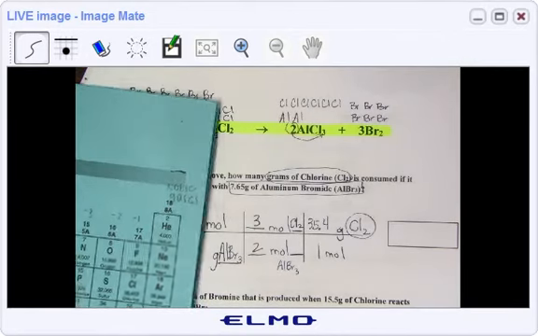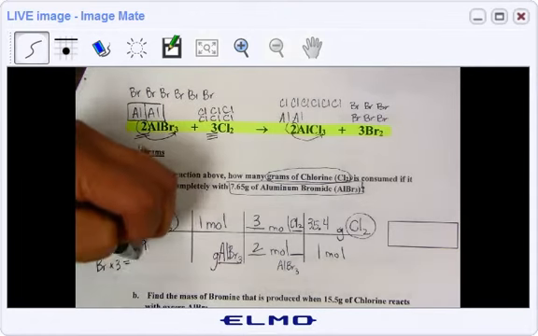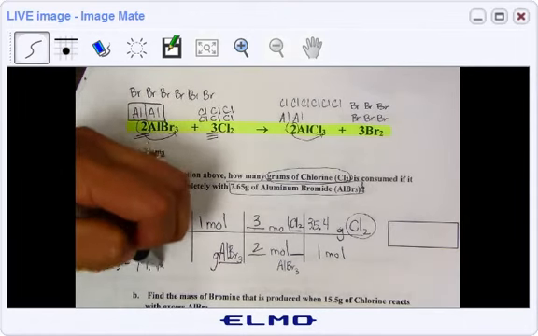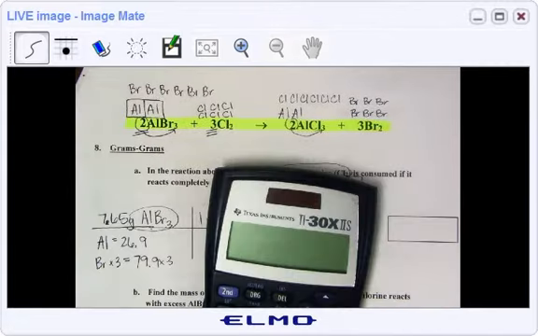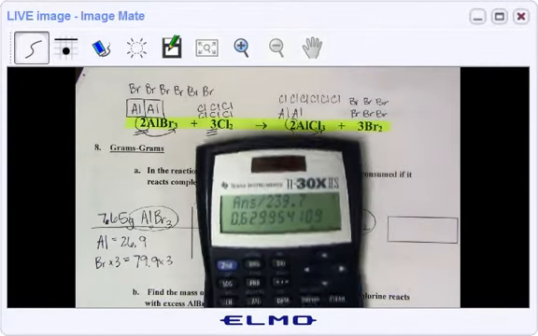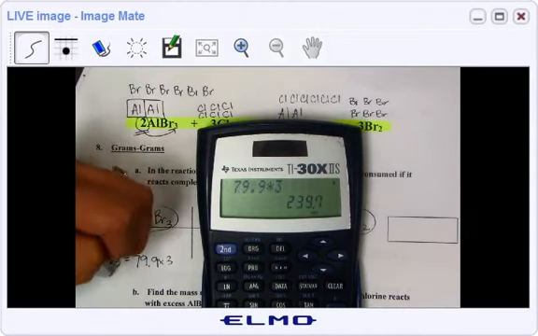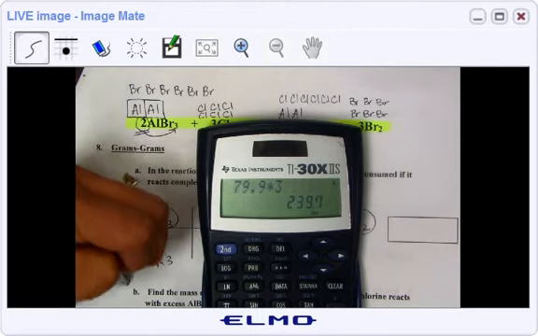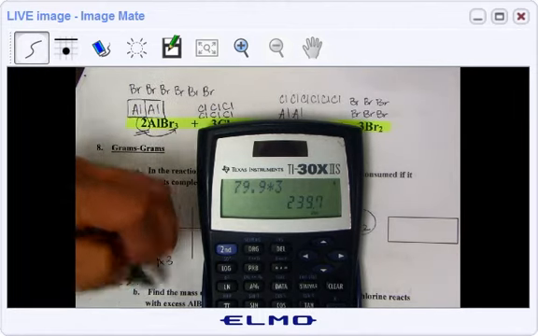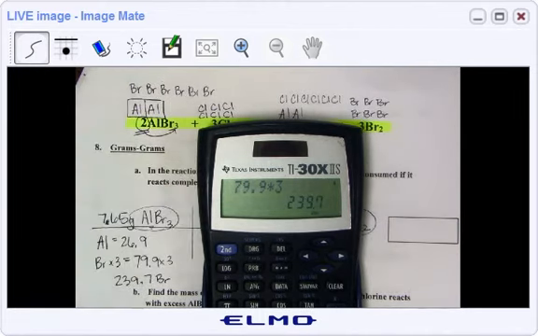Bromine is 79.9. Except I need to multiply it by 3. So it weighs 239.7 because you have 3 of them.